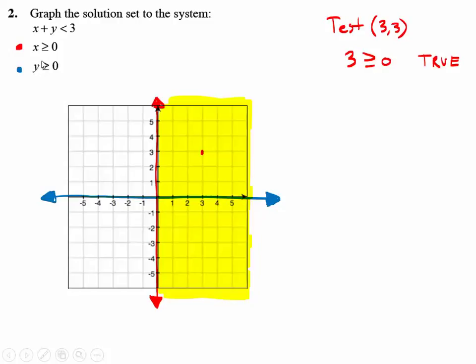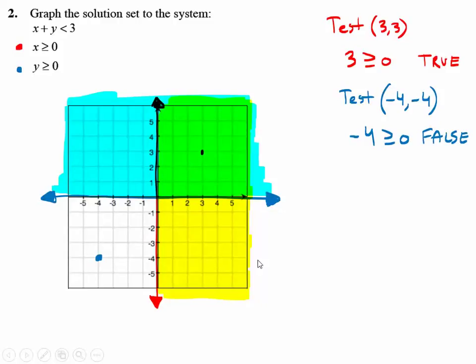And y being greater than or equal to 0 means you're going to graph up. Again, I'm going to choose a test point just for the fun of it here. That's negative 4 as my test point. And negative 4 is not greater than or equal to 0. That's a false statement, and you're going to shade up away from the point.